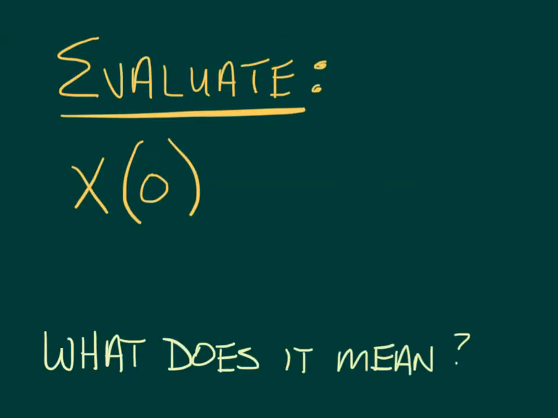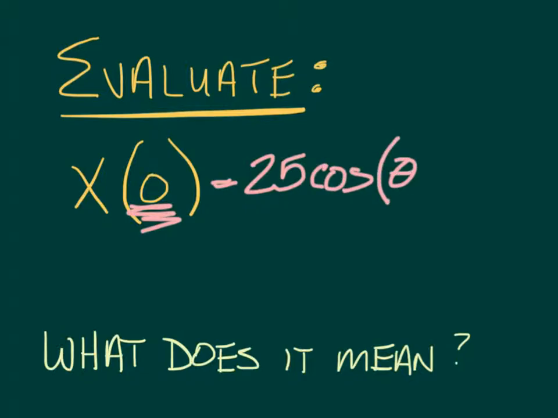Alright, so now x of theta, we're putting in 0 for theta. And remember what our function is now. It's 25 cosine of theta minus pi over 2. And let's evaluate what that turns out to be if we put a 0 in here. If I put a 0 in that spot, pi over 2 is 90.